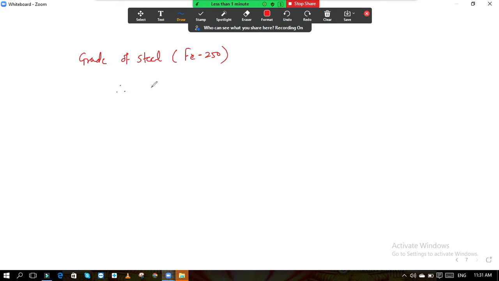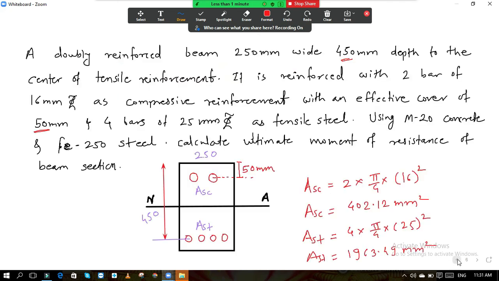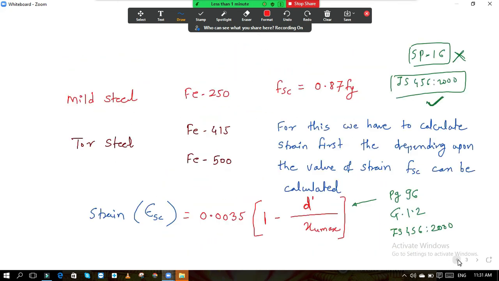So therefore, what is the stress in steel in the compression zone, FSC? The stress in steel in the compression zone will be 0.87 into Fy because Fe 250 is given. So we will directly get the value of stress. There is no need to calculate the strain. I have already told you.